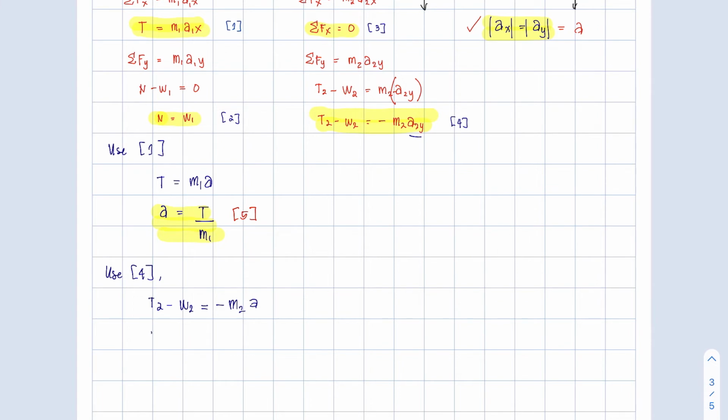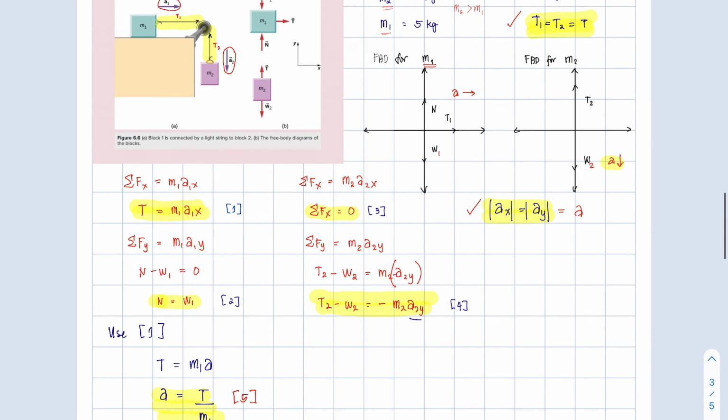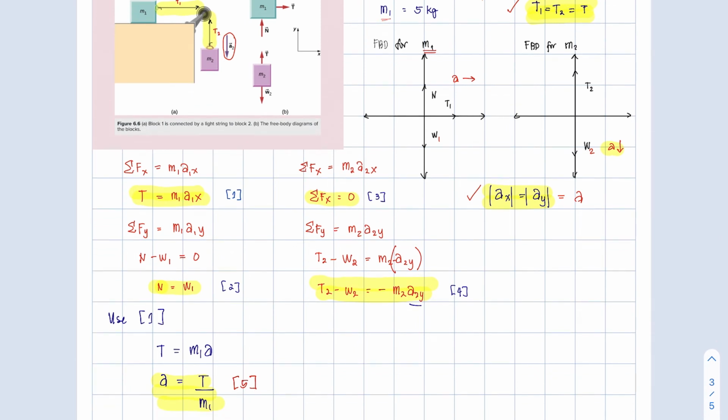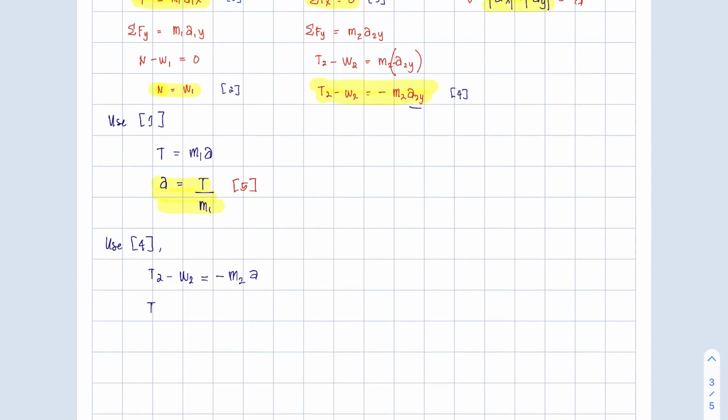T2 will just be represented as T because it doesn't have a different magnitude from T1. They are basically the same in magnitude. So that will just be T minus weight 2. We know from basic physics that weight 2 is the mass of object 2 multiplied by the acceleration due to gravity, so it is equal to negative m2 g.